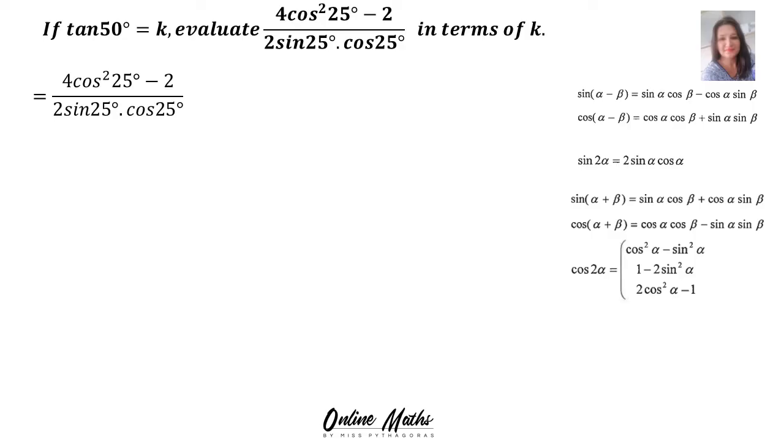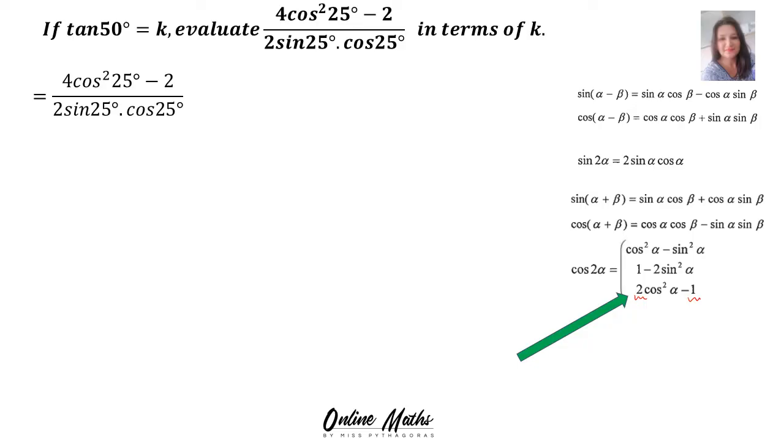First of all, when you look at the numerator on top, the 4 cos squared 25 minus 2, it feels as if it could be the double angle for cos 2 alpha. But in the double angle for cos 2 alpha, this is a 2 and this is a 1. And now you're stuck with a 4 and a 2.